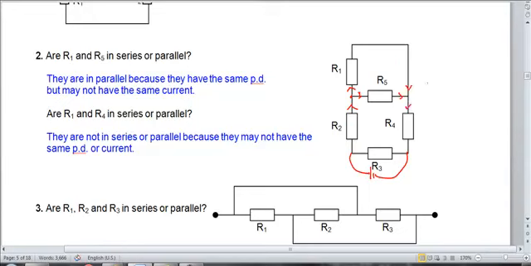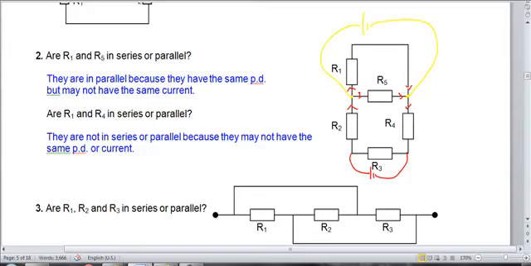Or you can choose to place the battery at another location. You can place a battery anywhere. In fact, say you put a battery here, it doesn't matter. You will always find that R1 and R5 are parallel to each other because the PD between this point and this point is always the same.